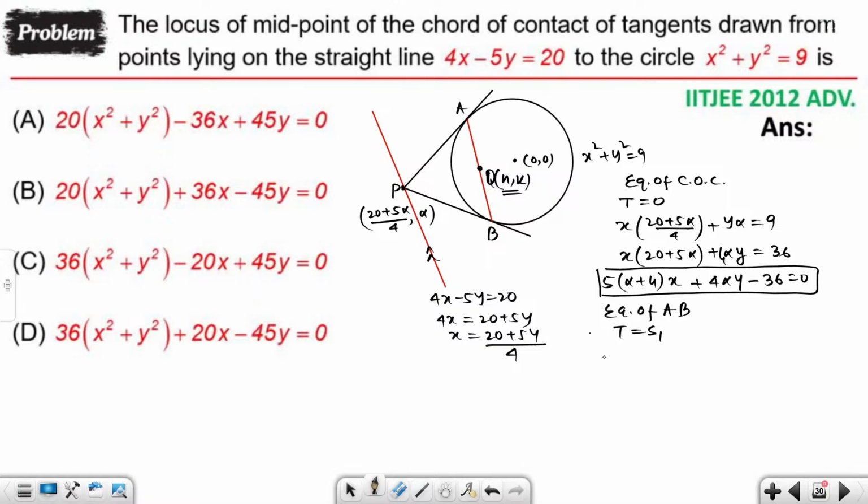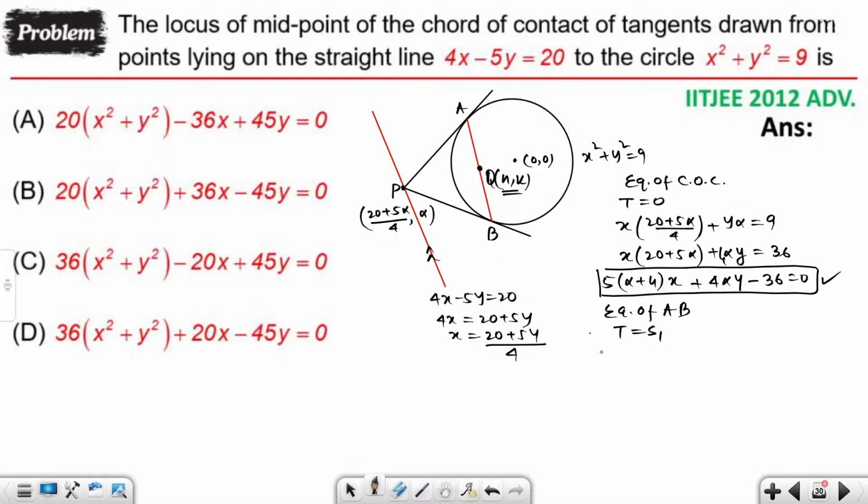I'm writing the same equation in two ways. In this question, I have written AB because AB is also the chord of contact. So I have first found the chord of contact, and now I'm using the equation of the line AB by means of the midpoint of this chord being h comma k. By using the formula T equals S1, you are again going to get the equation of AB. Now what will be the equation of AB in this case? Let us check.